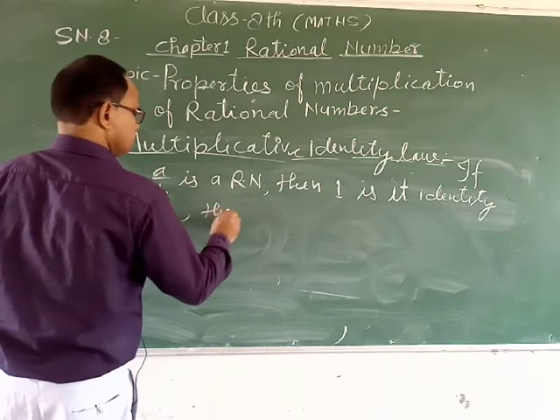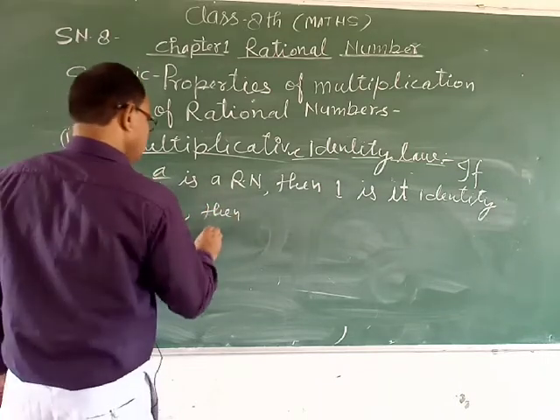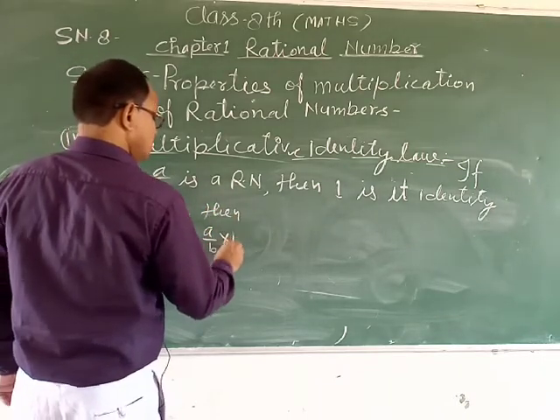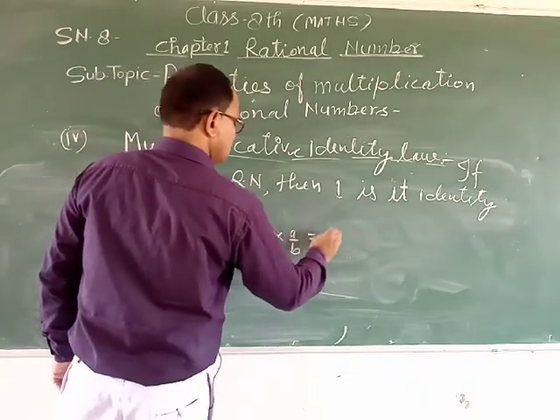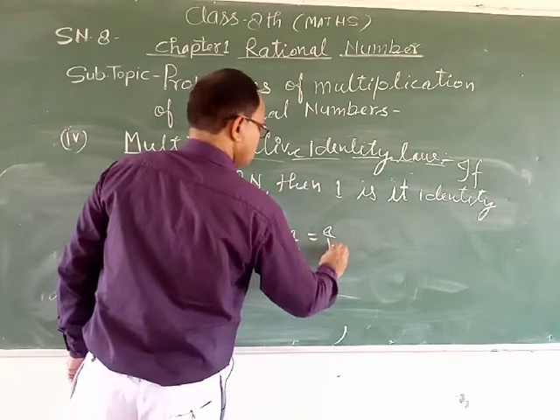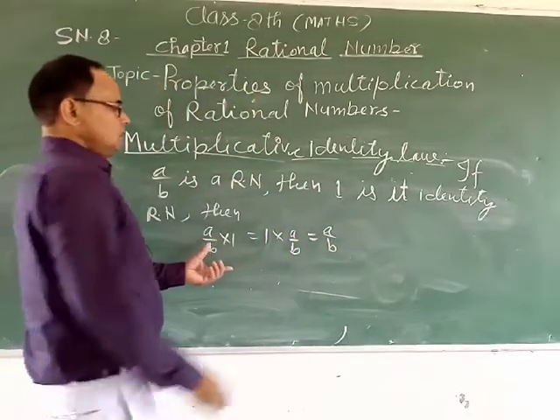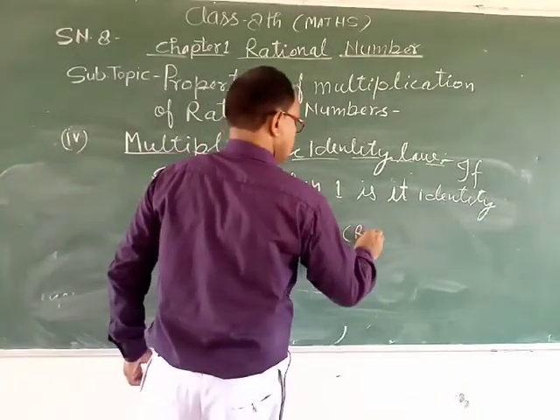Then we can write A by B into 1 or 1 into A by B. We can write A by B, also a rational number.